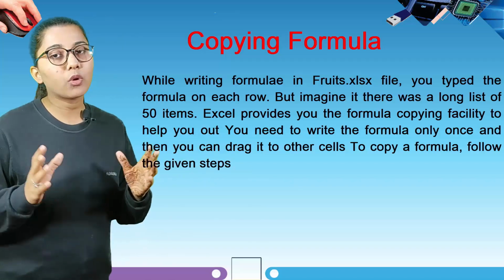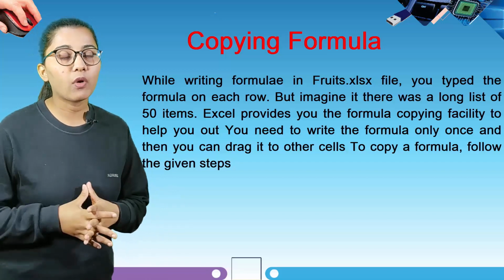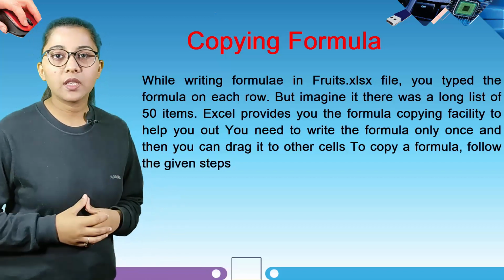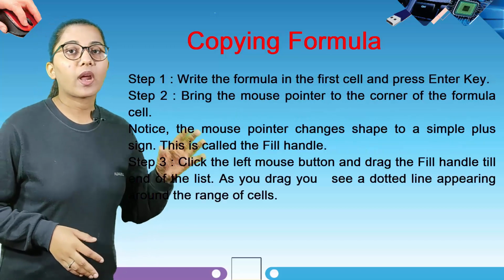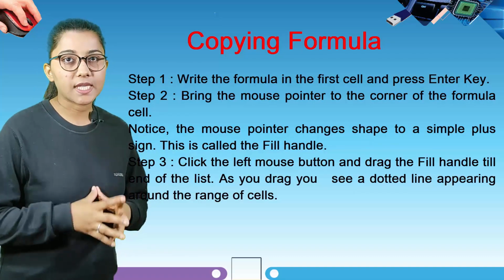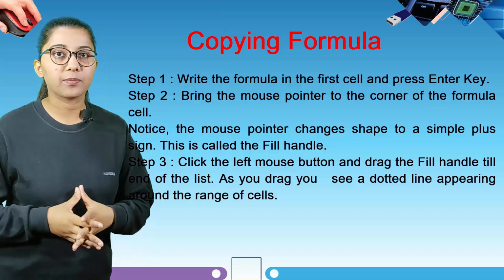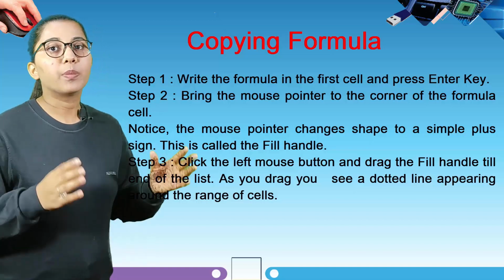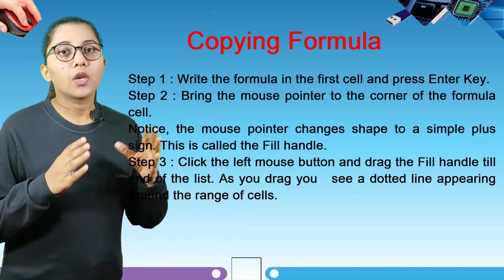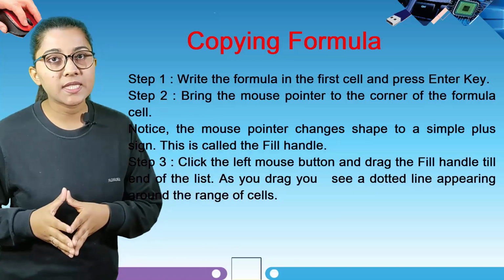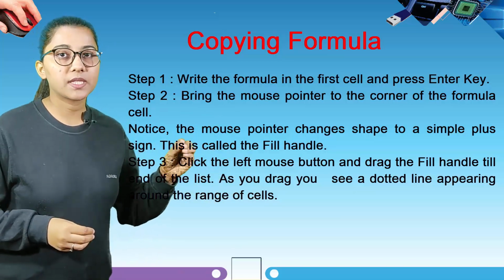So students, to copy a formula we have to follow some steps. So let's learn about our steps. Step 1 is write the formula in the first cell and press the Enter key. Then step 2, bring the mouse pointer to the corner of the formula cell. Notice the mouse pointer changes shape to a simple plus sign.